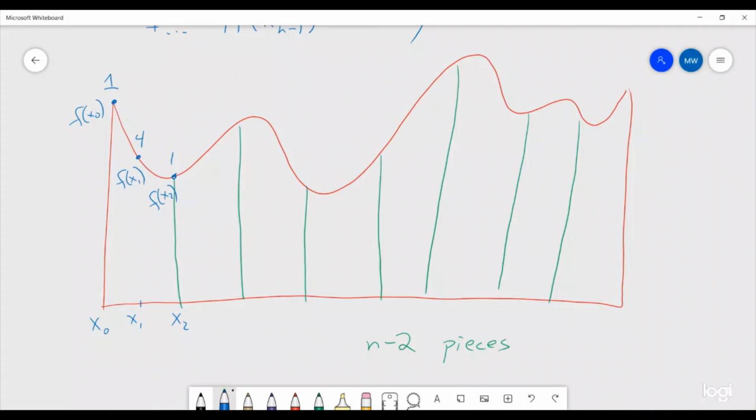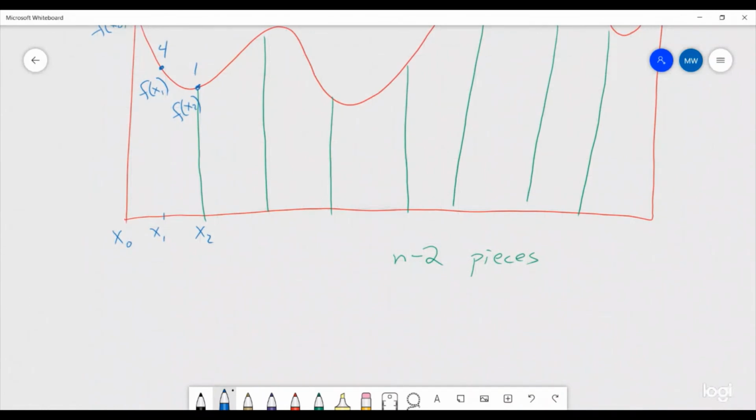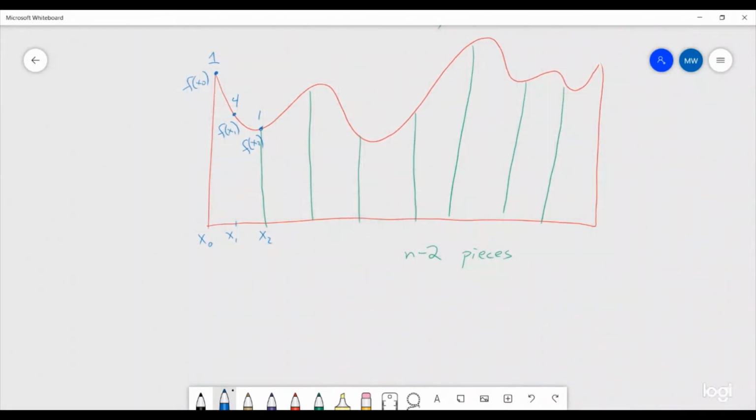Each of these pieces, so delta x, meaning this base, that is delta x. So if we have delta x over 3 times f of x0 plus 4 of f of x1 plus 1 of f of x2.